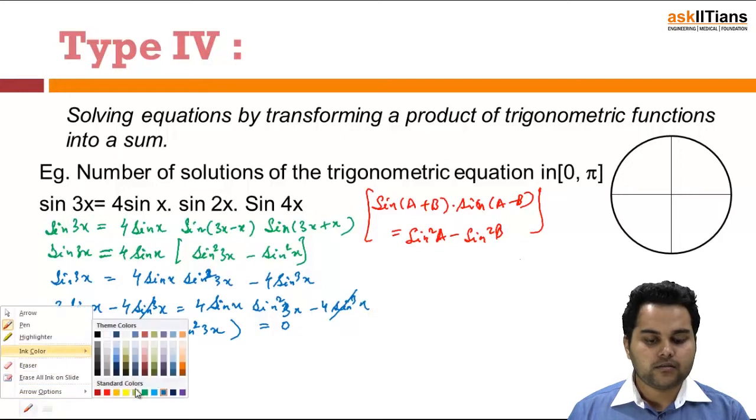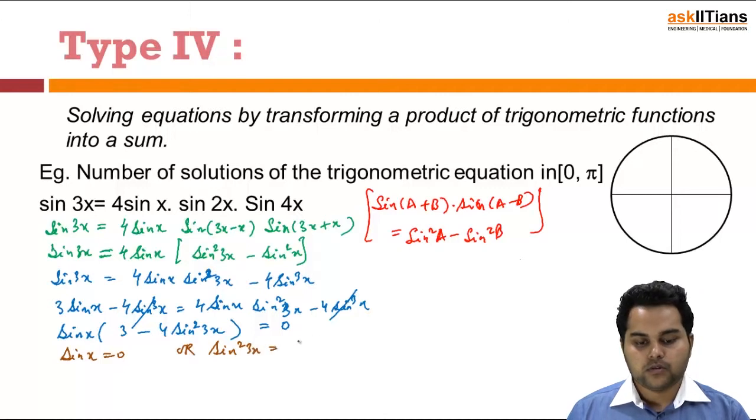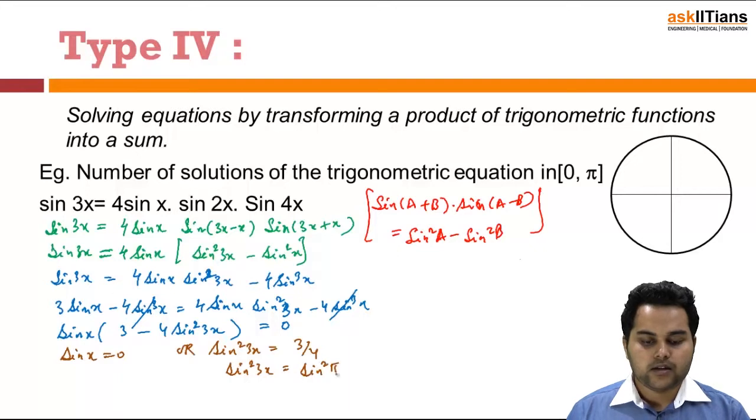So the next thing I'll get is either sine of x is equal to 0 or sine square 3x is equal to 3 by 4, which in that case would be sine square 3x is equal to sine square of pi by 3.